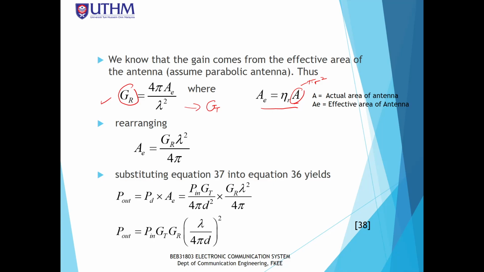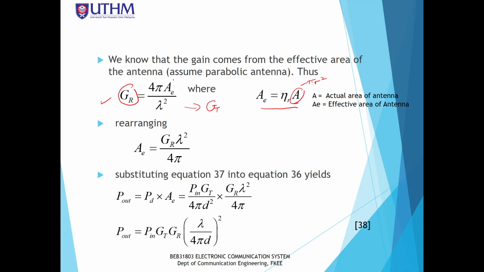Normally in the question we give you the same antenna: the transmitter antenna and receiving antenna are the same antenna. If different, then no problem, we can find the GT later. So GR is equal to 4 pi multiplied with the effective area of the antenna divided by lambda squared.